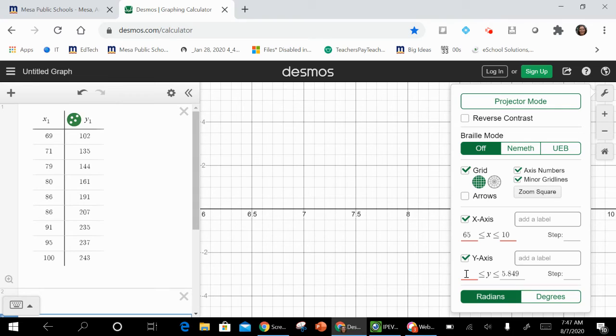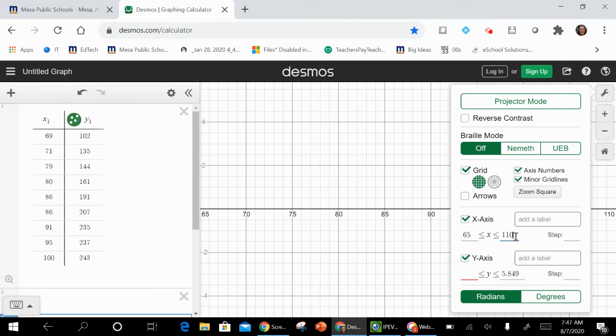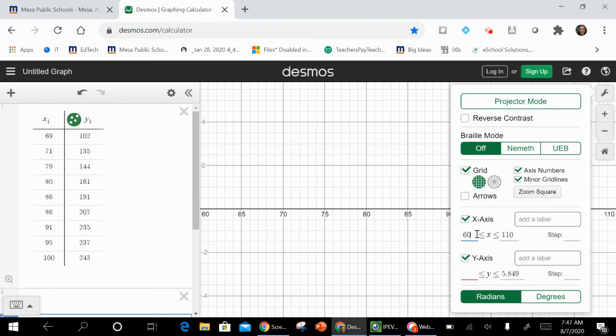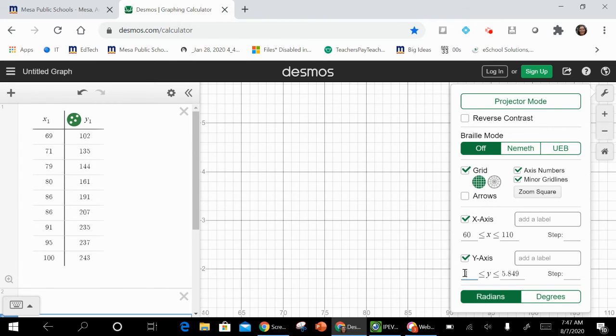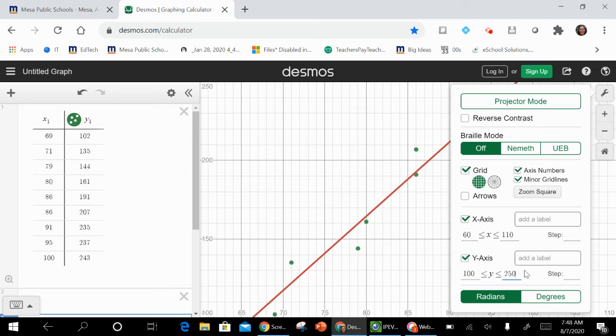And then for our highest value, I'm going to use 110. So you always want to go a little bit over. This one to 60. And then this one we start out at 100. And this one goes up to 243, so I'm going to do 250.